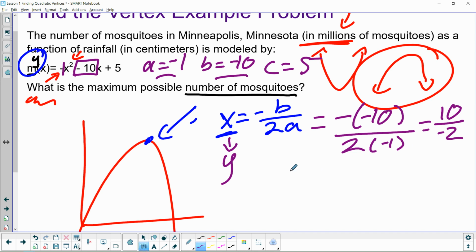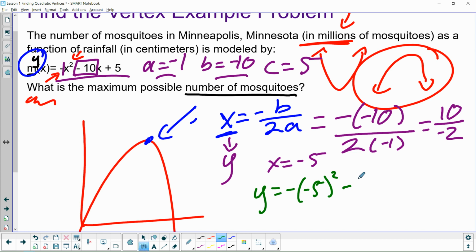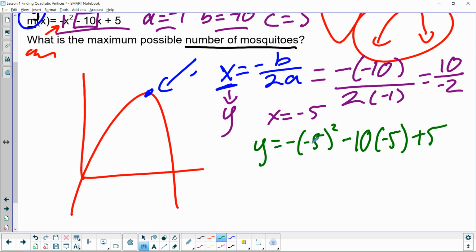All right, now we need to take this and plug it into our original equation to find our y value. So y equals -5 squared minus 10 times -5 plus 5. All right, so remember, order of operation is parentheses, exponents, multiply, divide, add, subtract.